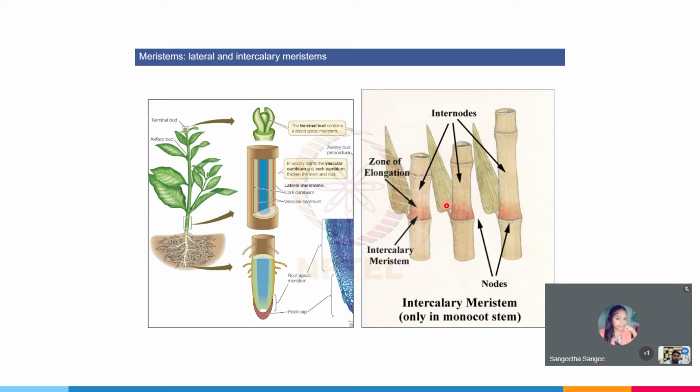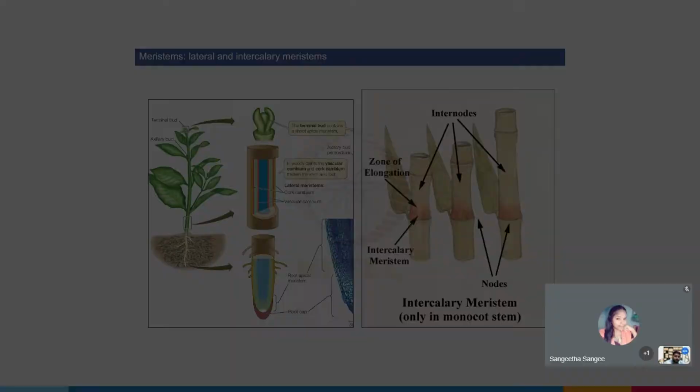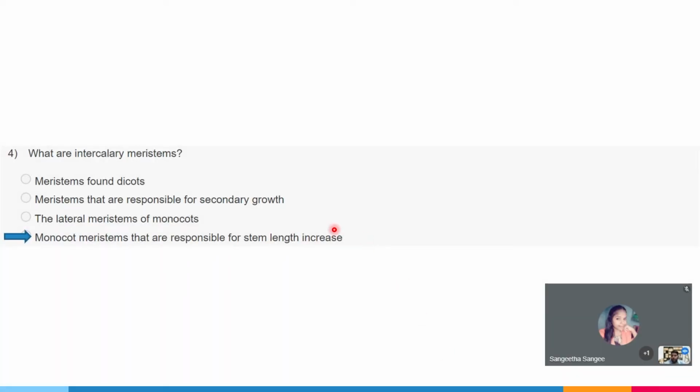The middle part of the internode does not contribute to elongation, but only the intercalary meristems present at the edge of the internode. So intercalary meristems help in increase of the stem length, and these are present only in the monocot stem. So the correct option is: they are monocot meristems that are responsible for stem length increase.